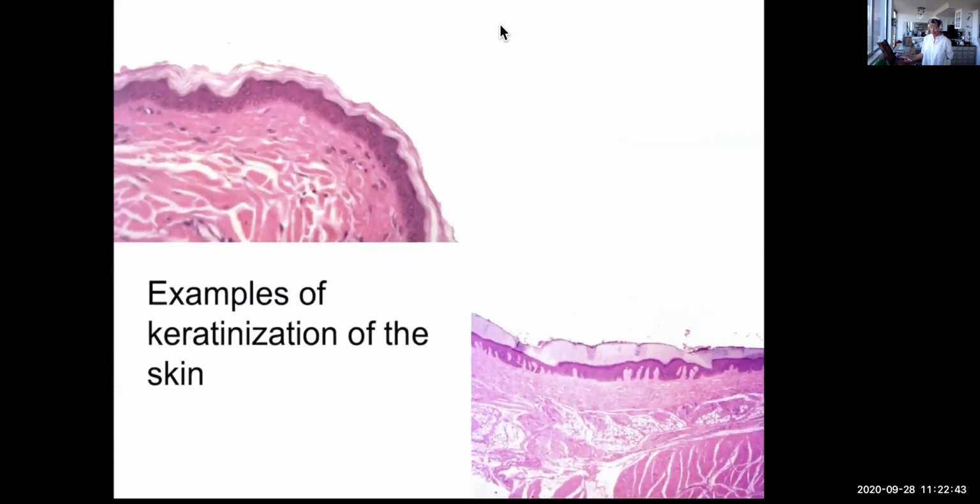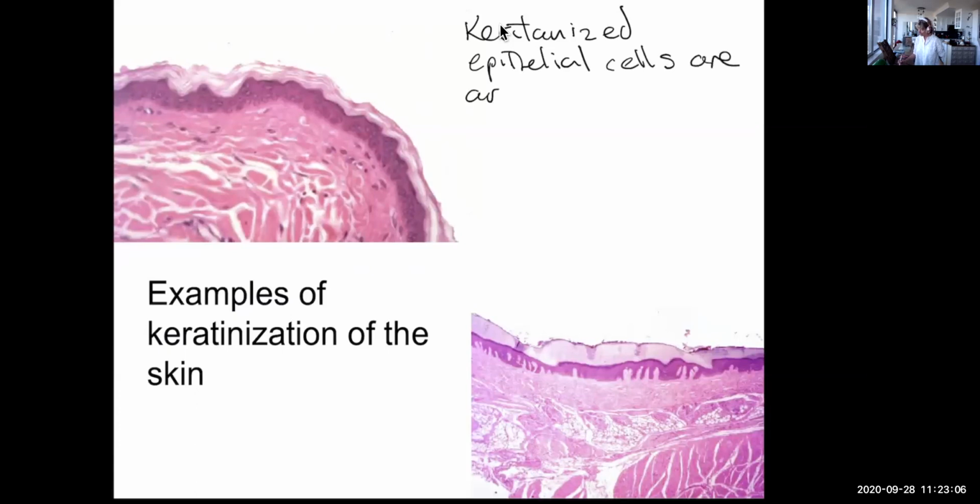Some cells are keratinized, some of the epithelial cells. So keratinized epithelial cells are a surface area of dead cells with keratin.